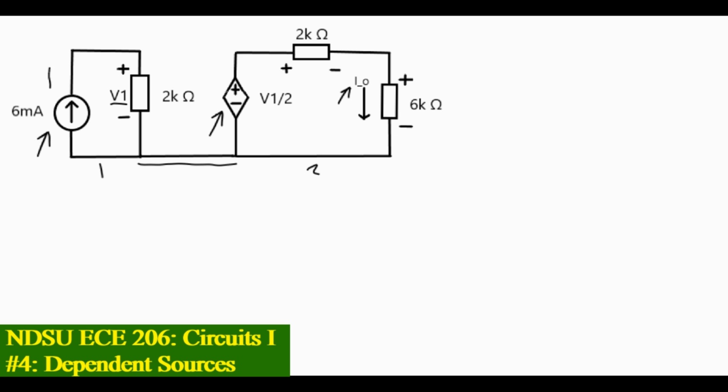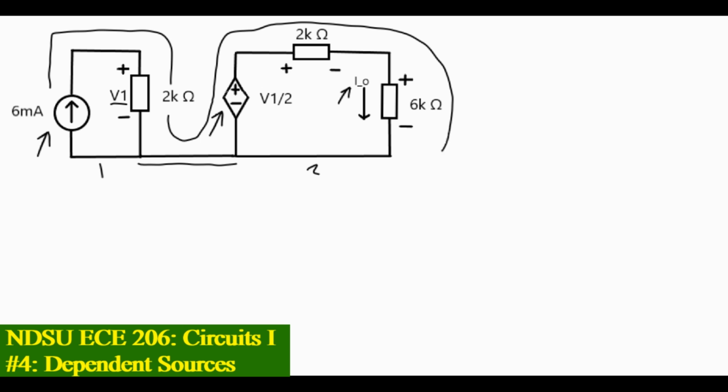Start at the 6 milliamp current source and flow through the 2K ohm resistor, through that strange little segment of wire, up through the dependent voltage source, then following the path of I.O. through the 2K ohm resistor and the 6K ohm resistor, and then back along towards that strange little wire.